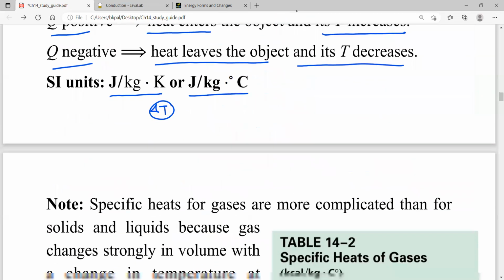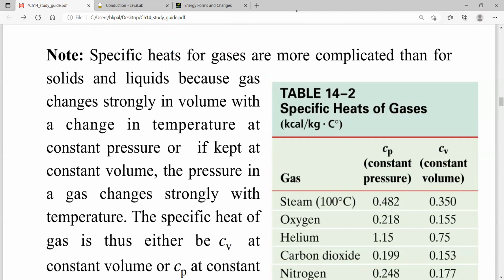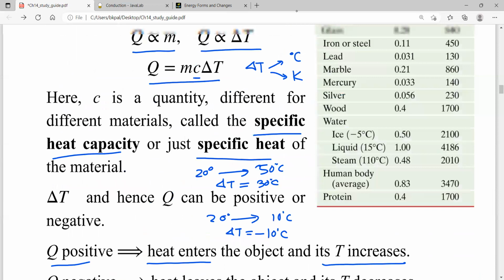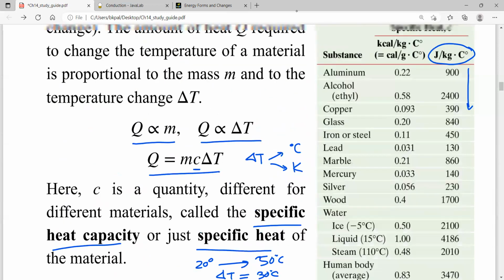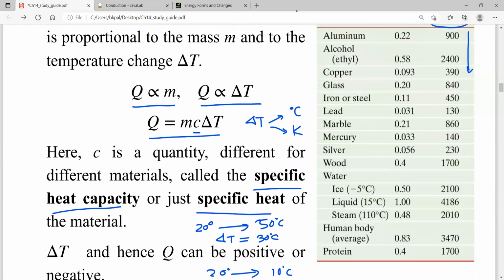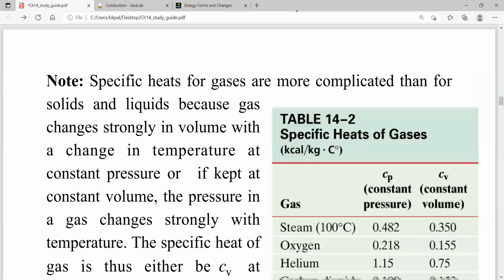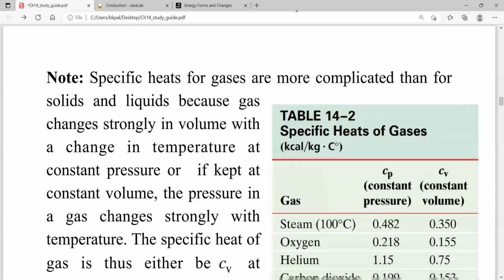Now, the specific heat for gases is more complicated than for solid and liquid. That's why in this table you basically see some solid objects and liquid objects. The first few are solid, and then some liquid. But for gas it is complicated. Why?